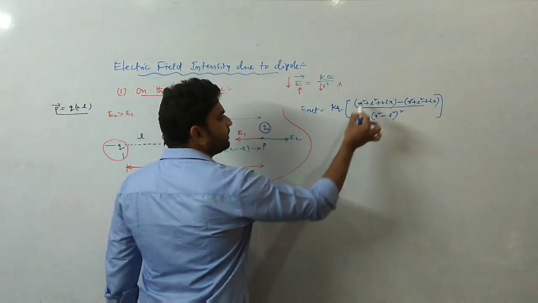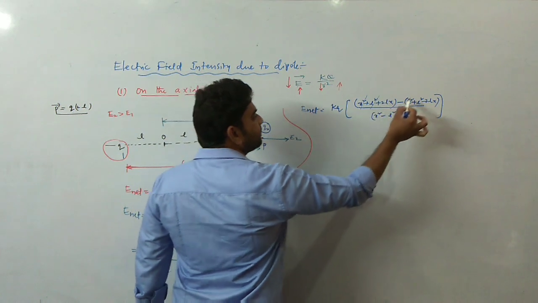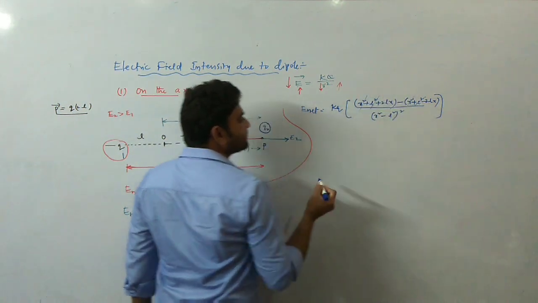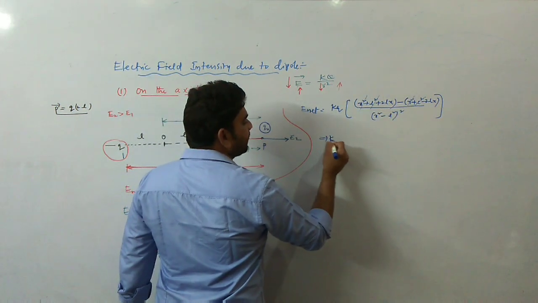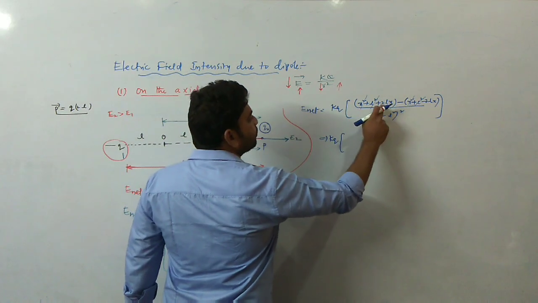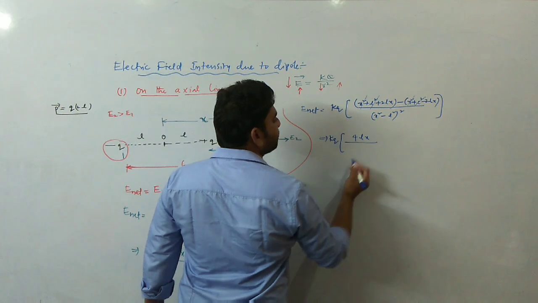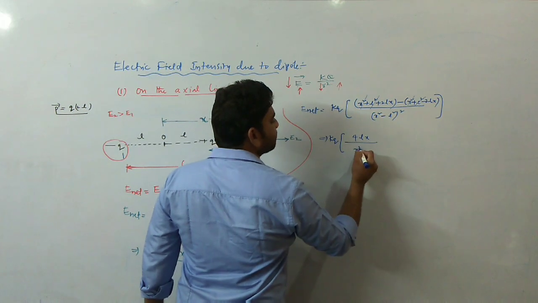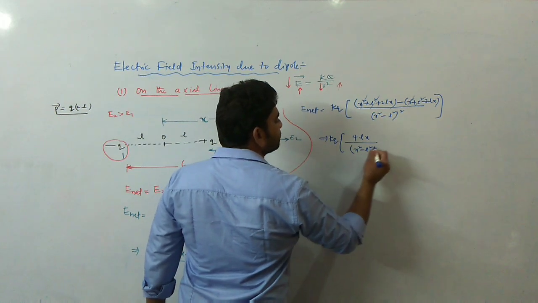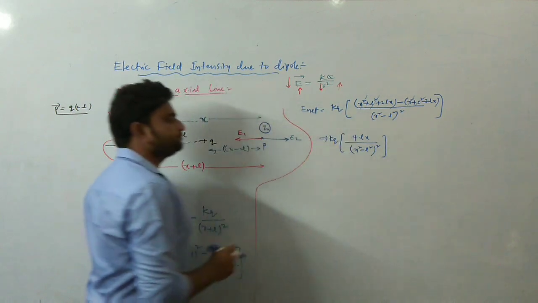Now you can see the x square and L square get cancelled, and finally it becomes 2LX plus 2LX, which is 4LX, by x square minus L square whole square, right?